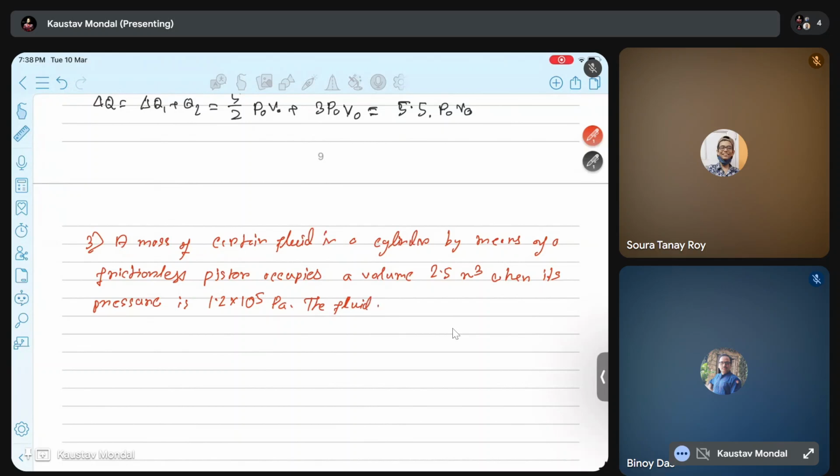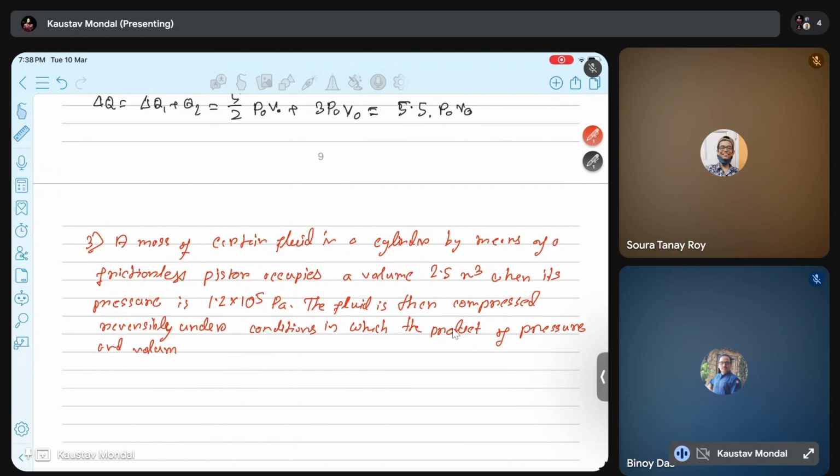The fluid is then compressed reversibly under conditions in which the product of pressure and volume remains constant.